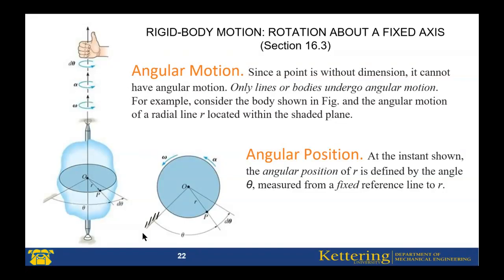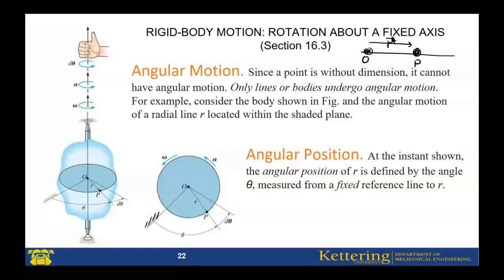If you remember, for a particle with rectilinear motion, starting from the origin, when this particle moves to point P, we use r to show the position of the particle at point P. Similarly, when a rigid body is rotating, we can measure the position of any point P from a reference using theta.